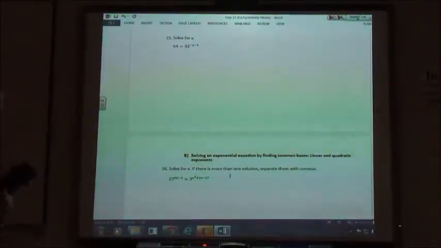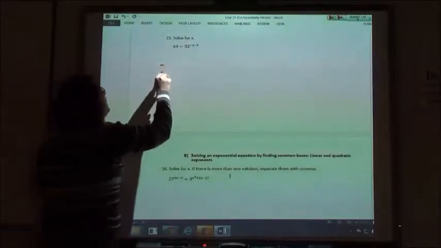Nope, that's way too big. 2 to the... Oh, we did this one already. It was 2 to some power, but it wasn't 12. It was 6. 2 to the 6th. So 64 can be 2 to the 6th power.